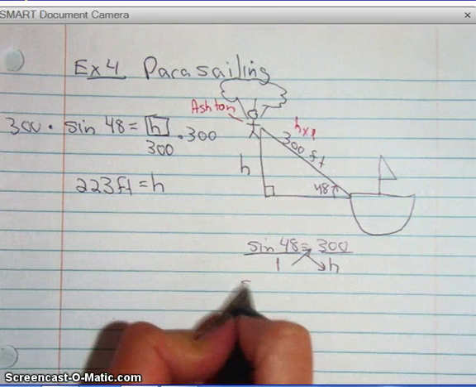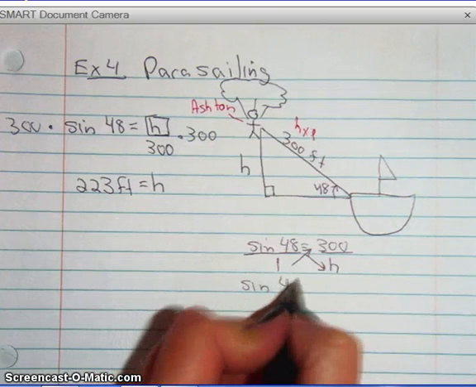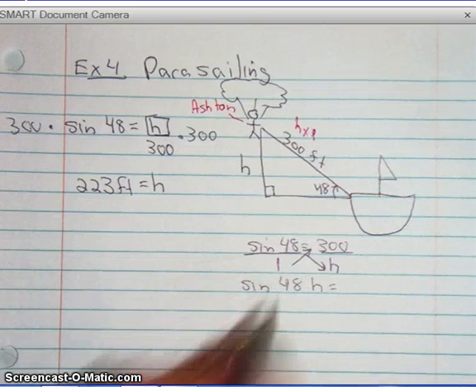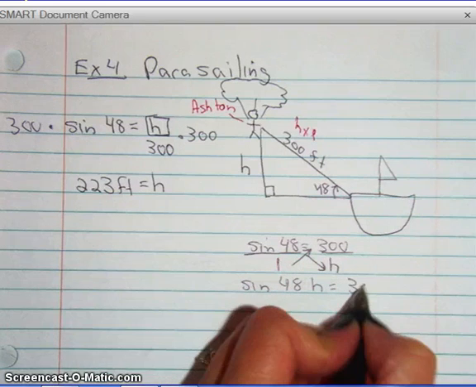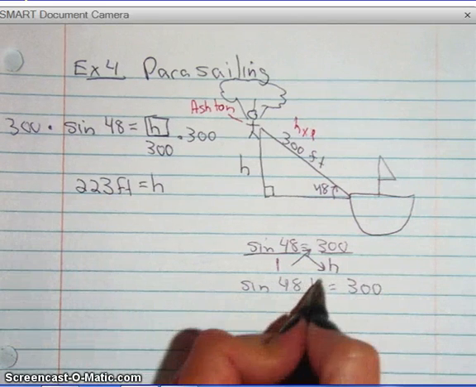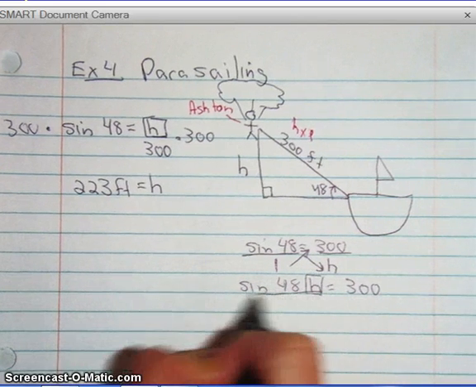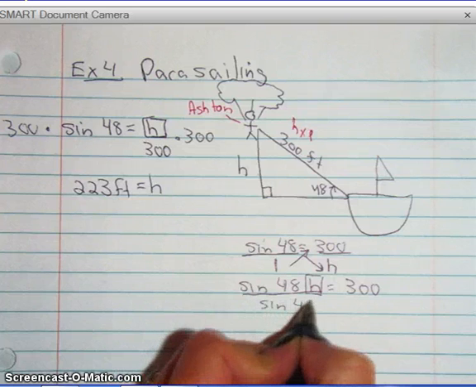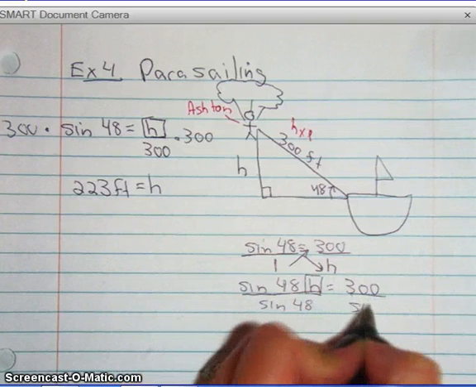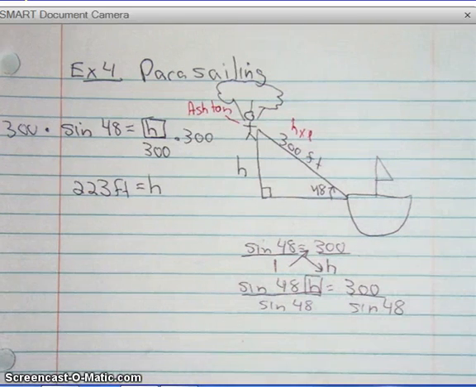So they would have sine 48 times h equals 1 times 300, which is 300. And then they'd box in h and divide by sine 48. So, Destiny, what you said is absolutely fine. I just wanted to show another way. Destiny said multiply both sides by h. That works.